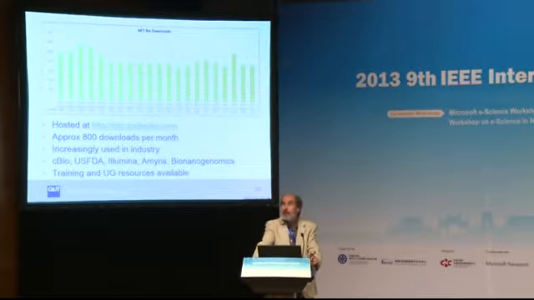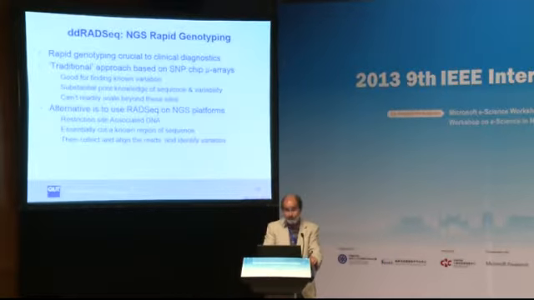Not necessarily used across all of the pharmaceutical industry and big science, but it's getting increasing acceptance from companies such as CBio, the US Food and Drug Administration, Illumina, Amiris, Bionano Genomics, and also from a number of research organisations in a number of different countries, such as the CSIRO in Australia, for example. There are training materials and undergraduate resources available from the site and from members of the community.